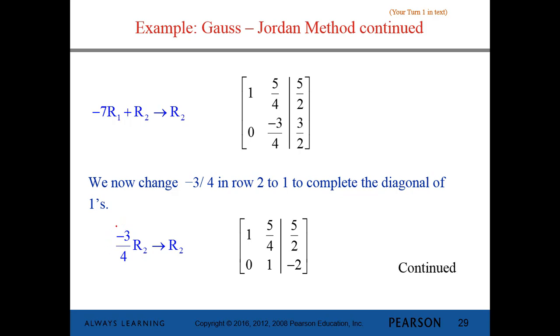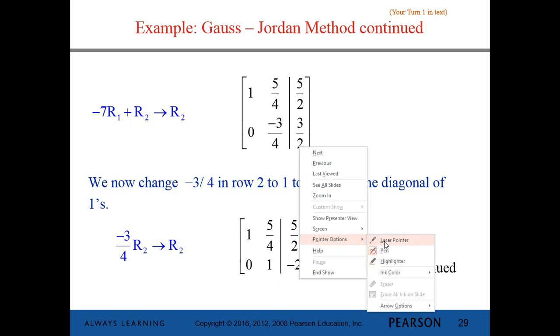So if you take -4/3 times row 2 and replace row 2 with it, you will get 1 and -2. This is just a typo, and this is the correct answer, because if you take -4/3 here, you get -2. So this is correct. Let me change this back to the highlighter.